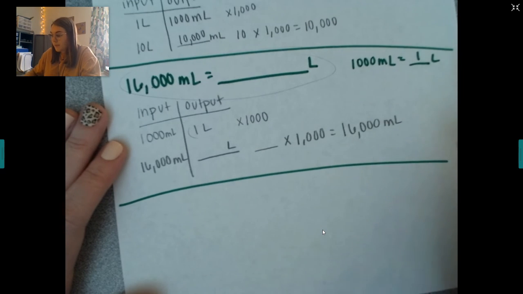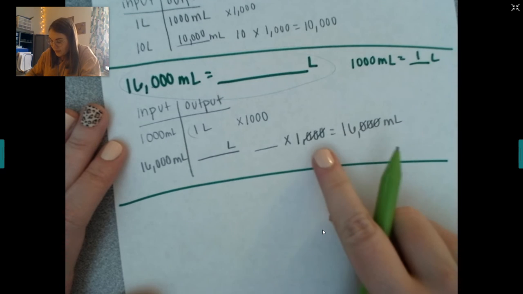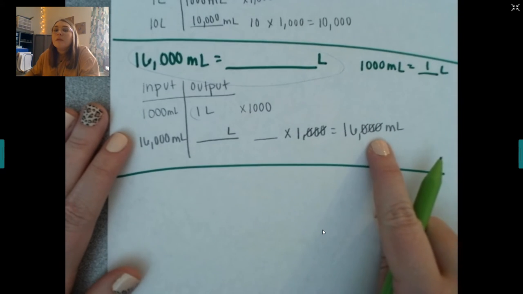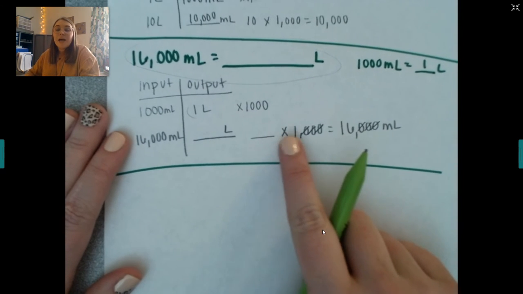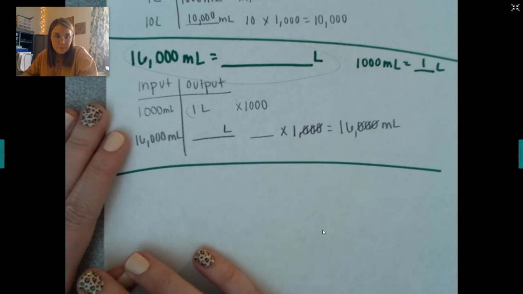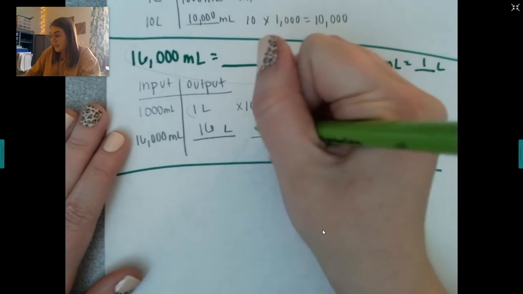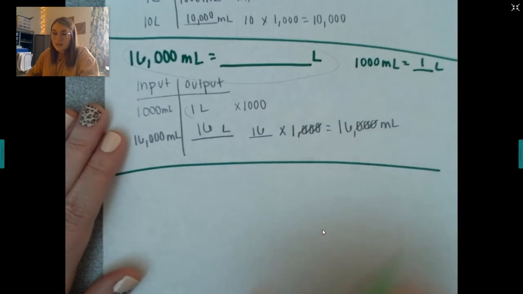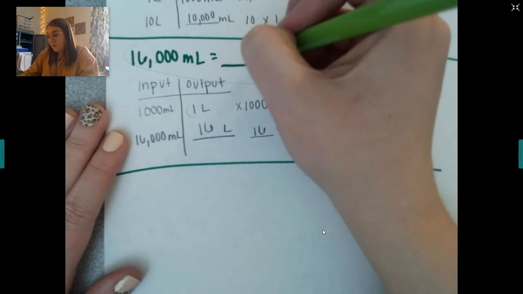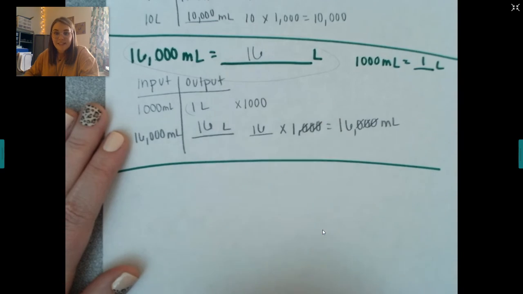So, remember, I have the same amount of zeros, so I don't care about them. So what times 1 will give me 16? I hope you said 16. 16 times 1 will give me 16. So to answer your question, 16,000 milliliters is 16 liters.